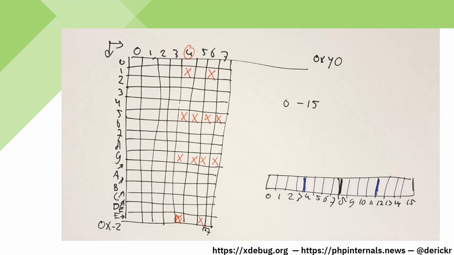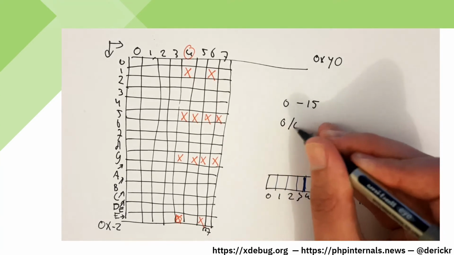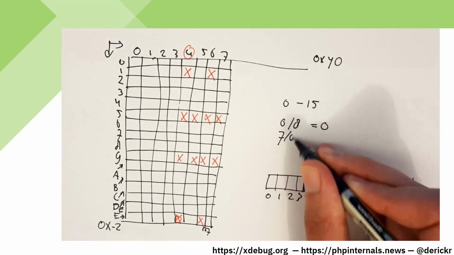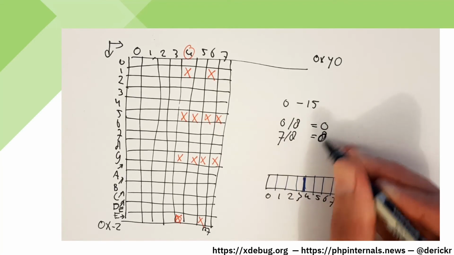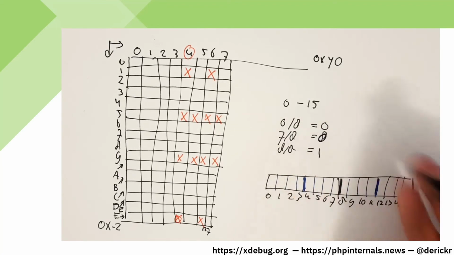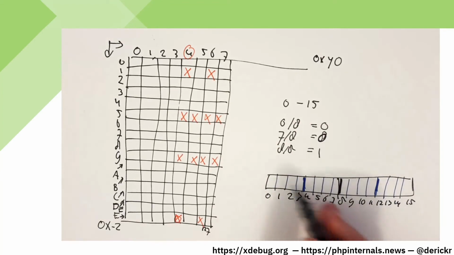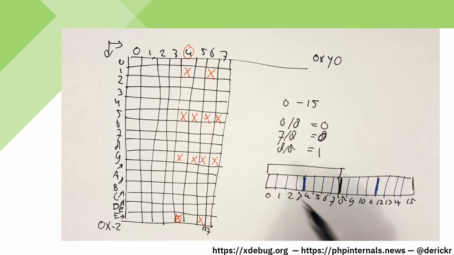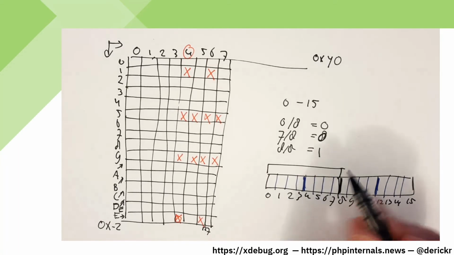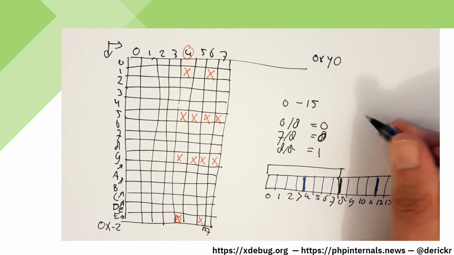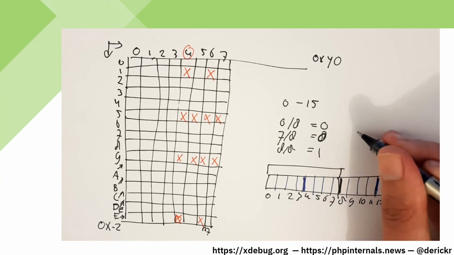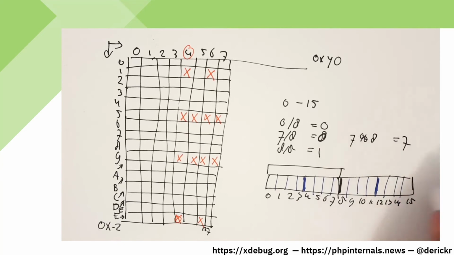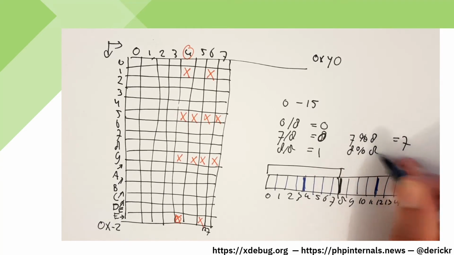We can calculate that by dividing by 8. 0 divided by 8 is of course 0, and 7 divided by 8 is still 0. And then 8 divided by 8 is 1. So that maps to the right byte here. But in order to get to the right bit, we basically need to take the modulo of it. So 7 modulo 8 is 7, and 8 modulo 8 is 0 again.